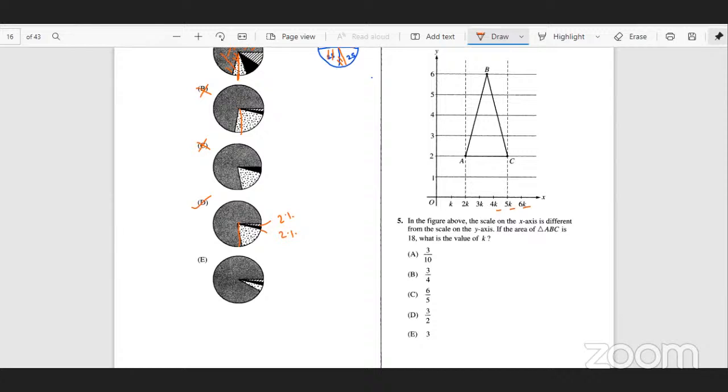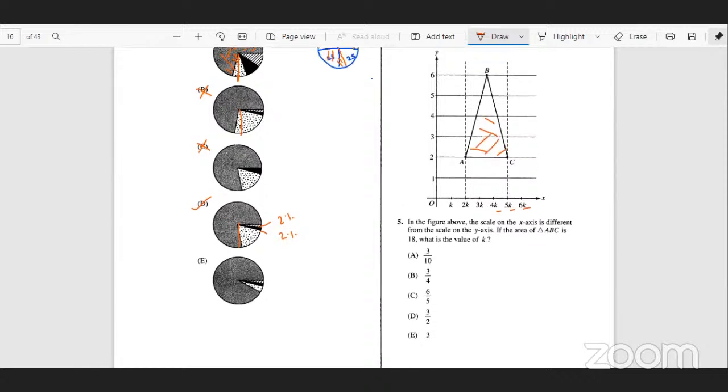If the area of the triangle ABC, which is the triangle that I have shaded with orange marker, is 18, what is the value of k? So they are saying that the area of the triangle is 18. Let's just write down the area. For area, the formula is 1 by 2 base into height. Now we need the base. Base is this distance, AC.